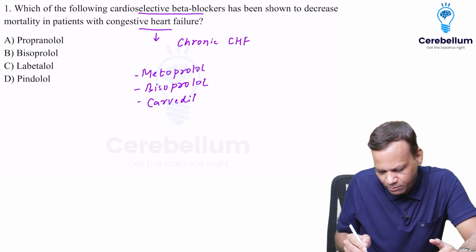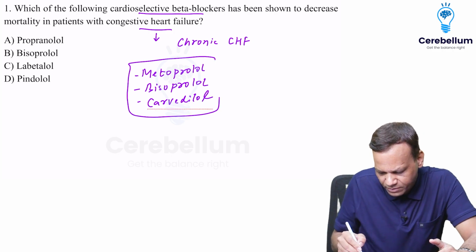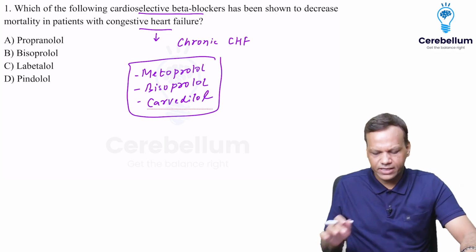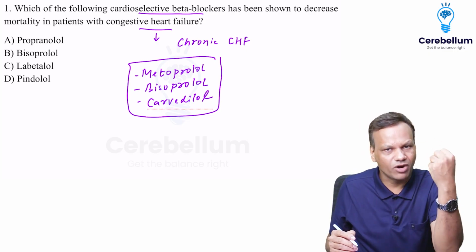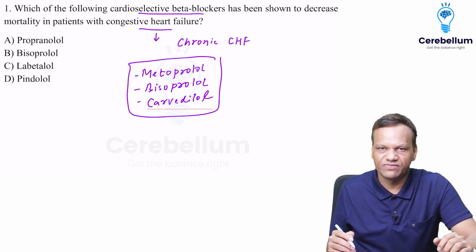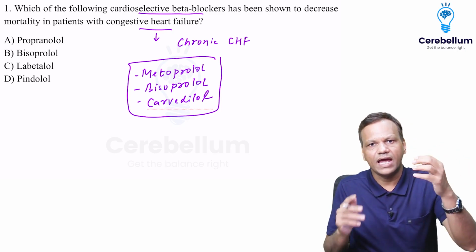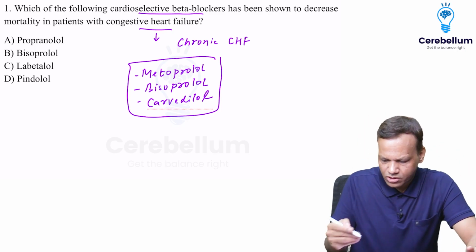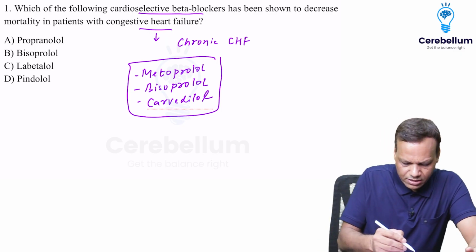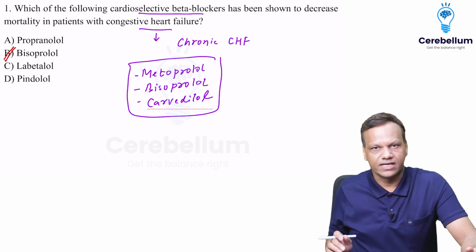So only 3 beta blockers are approved in treatment of congestive heart failure. And remember, the drugs which decrease mortality are mainly renin-angiotensin pathway inhibitors, including beta blockers, ACE inhibitors, ARBs, and angiotensin receptor blockers. So among these, the option contains bisoprolol. So that is the answer.